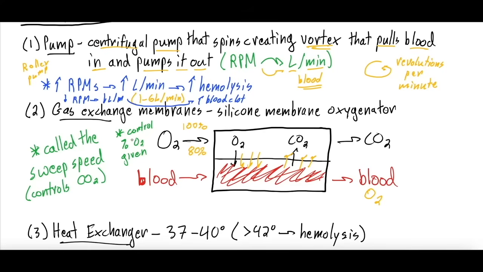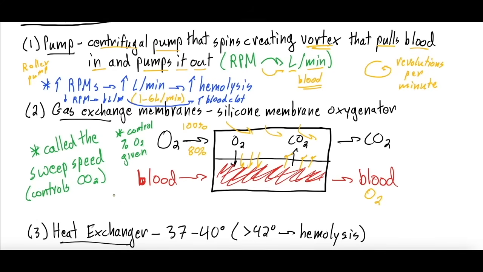The FiO2 that you set controls the oxygen content. But it is the sweep speed, how fast this is sweeping through the membrane, that controls the amount of carbon dioxide that comes off the blood.